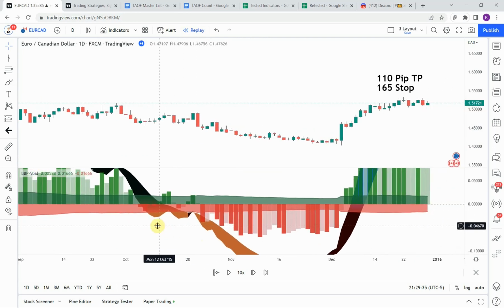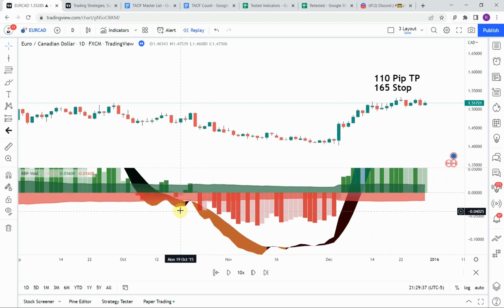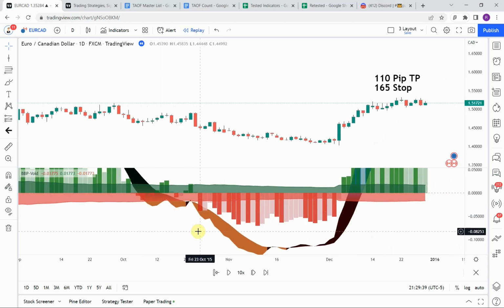And so that's the void part of this indicator. Now, the next thing that we are looking for is going to be a confluence between the breakout of the bars and the color of this ribbon here.